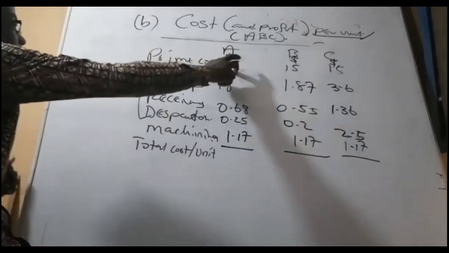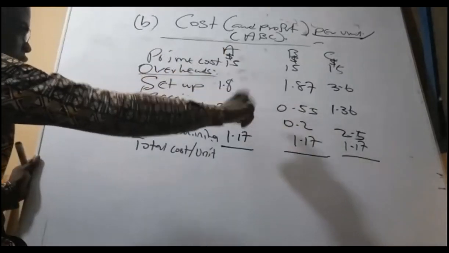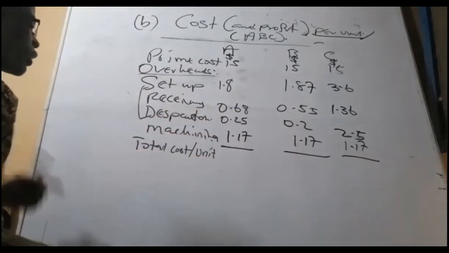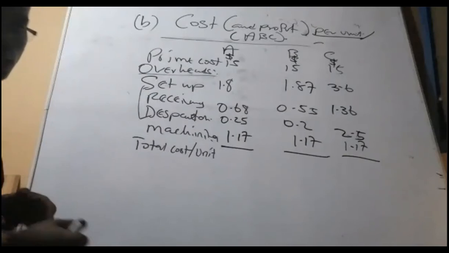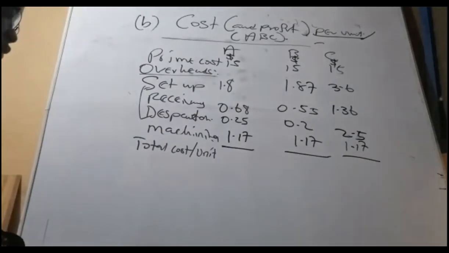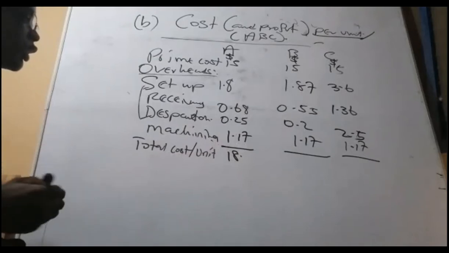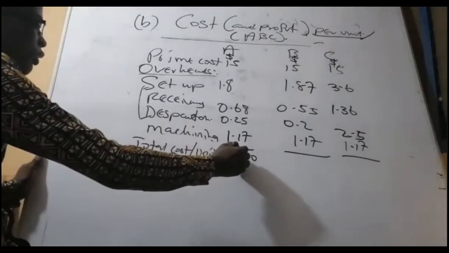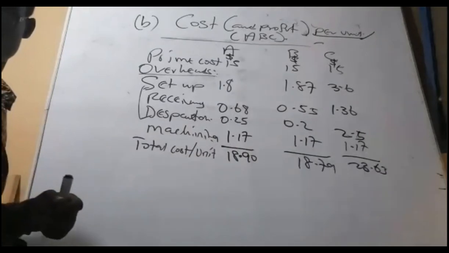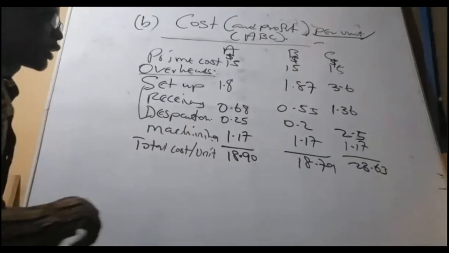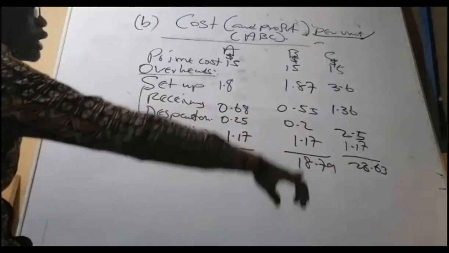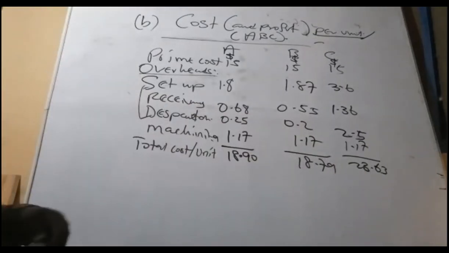Start adding 15, 1.8, 0.68, 0.25, 1.17. Putting all this together, the first one is 18.90. So these are their totals. 18.79 for that of B. C is 23.63.